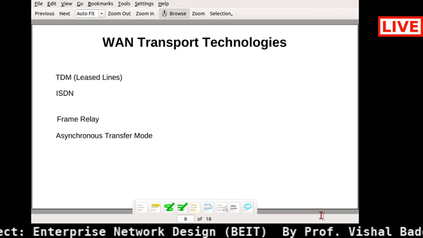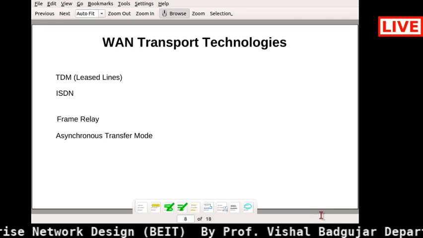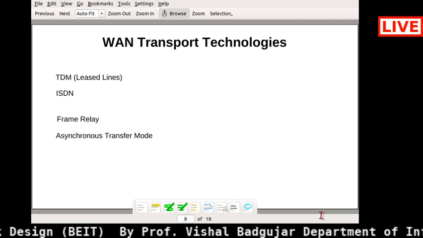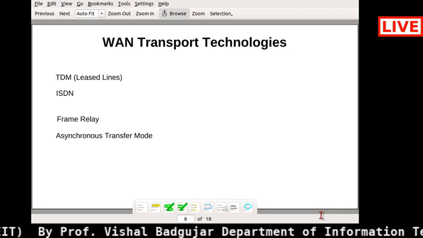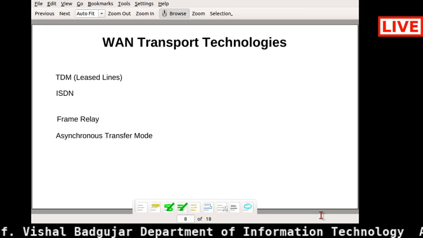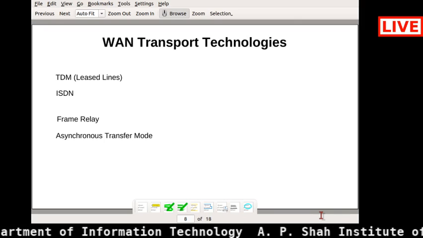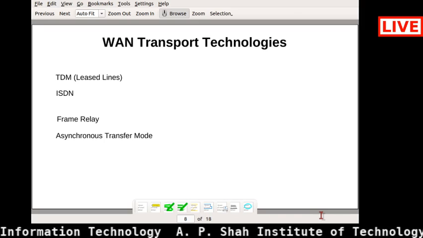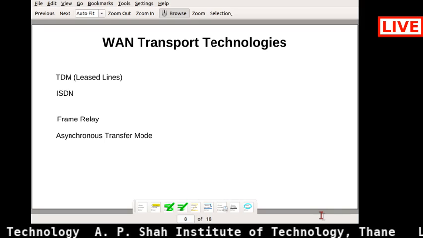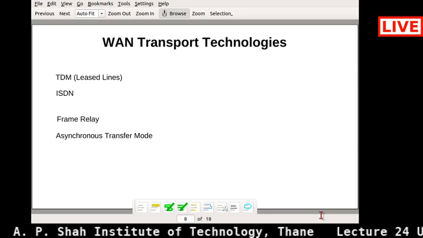So instead of using a shared bandwidth, we can use TDM. TDM indefinitely reserves the point-to-point connection bandwidth for the transmission. These are channel-based transmissions.